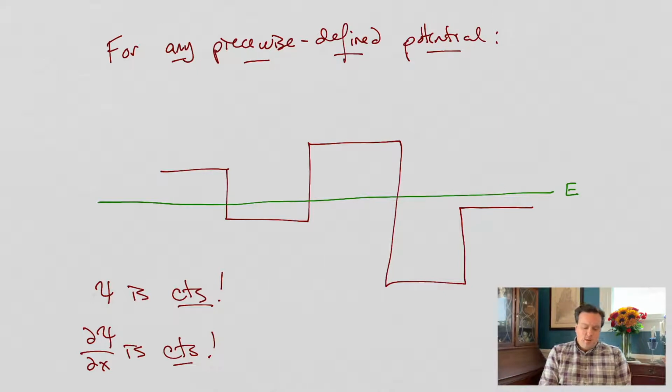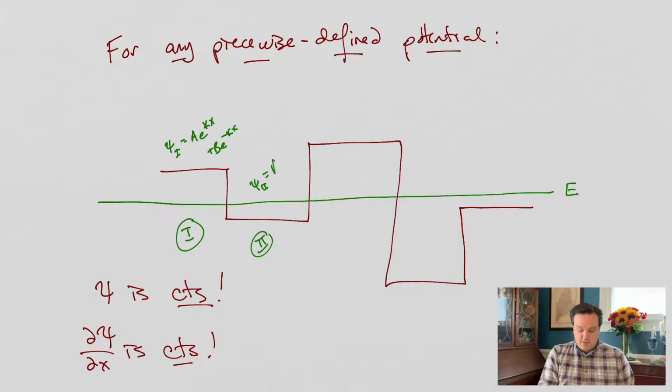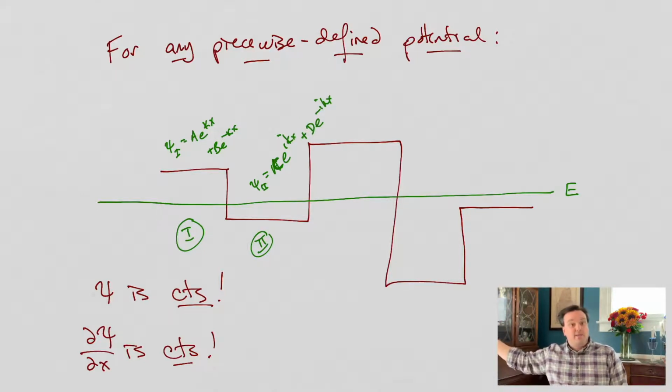In region 1, the energy is less, and therefore I'm going to write psi 1 as a e to the kappa x plus b e to the minus kappa x, because the energy is less. Here, psi 2 is going to be a complex exponential, so I can't call it a, let's call it c, e to the ikx plus d e to the minus ikx, yada, yada, yada, all the way across. And once I break this up into problems, the rest is just algebra.